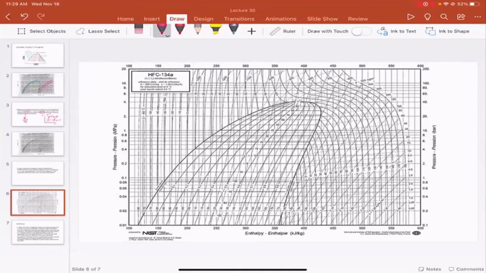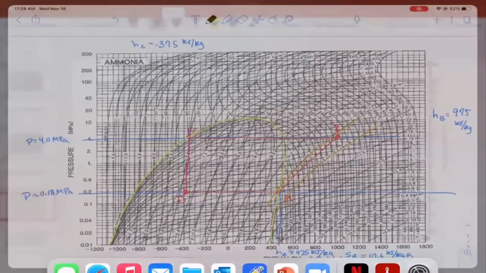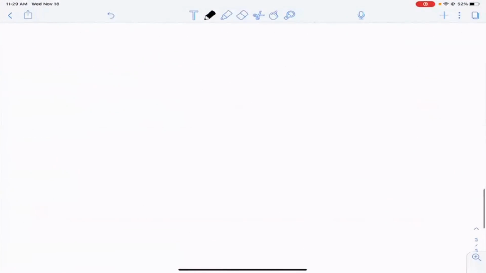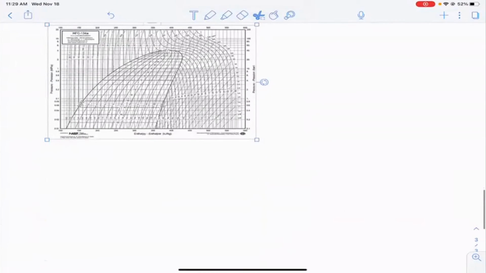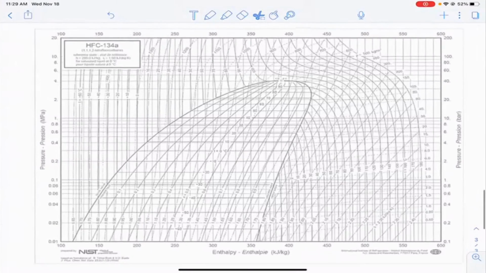And then from there, we'll be able to calculate the real work that's done in the compressor. Okay, just like we would have done if we had steam tables or some other fluid that we used in the past. All right, so I'm going to paste that here and make it large enough that everybody can see it. And then let's go about solving this problem.